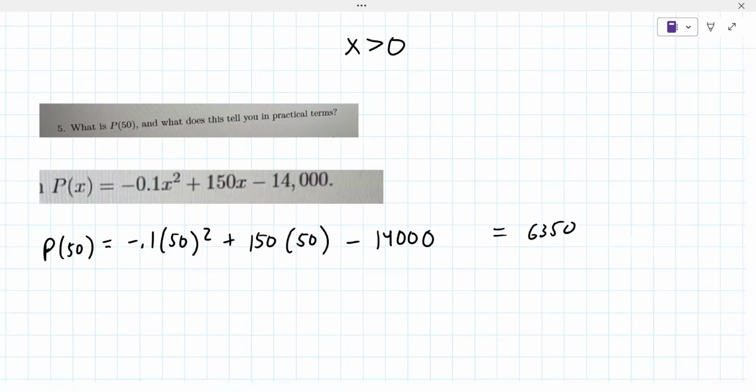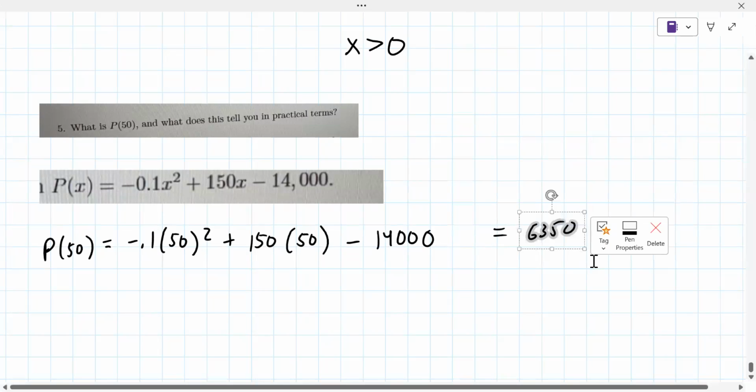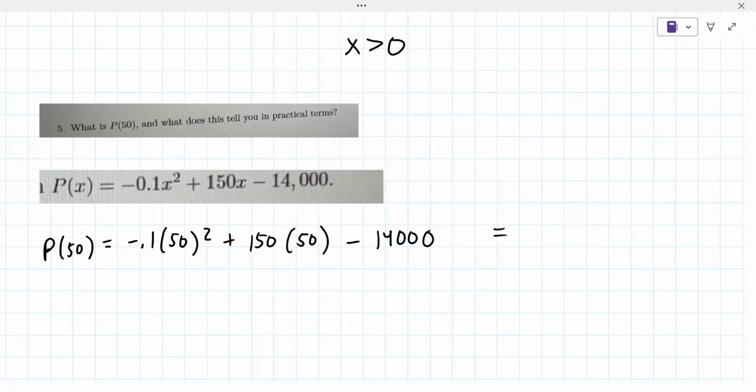So we can check that on the graph. If you have Desmos, you can roughly figure out if that's right. Actually, did you mean negative? There's an issue with this. This is not the right number. I'm sorry, I'm going to try that one more time.